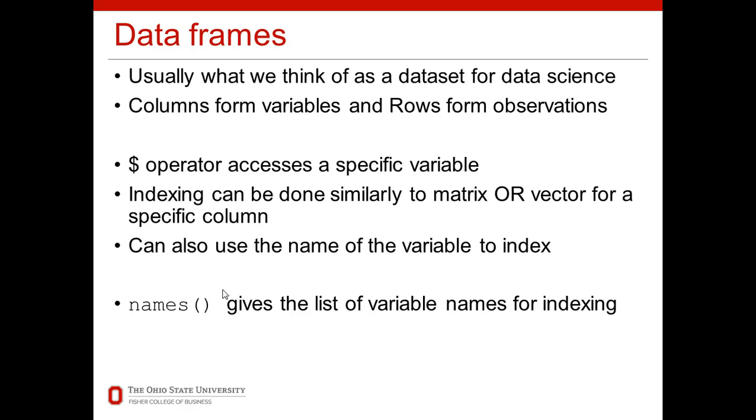I can do indexing similar to a matrix because if you think about it, a data frame is two-dimensional. Or I can say, well, let's pull out just the height column and give me the third element. Well, the height column is a vector, so I would index similar to a vector. We can also use the name of the variable to index as well. If you want to know the list of the variables that are in the data frame, I can use the names function.